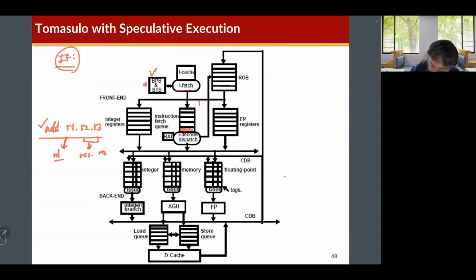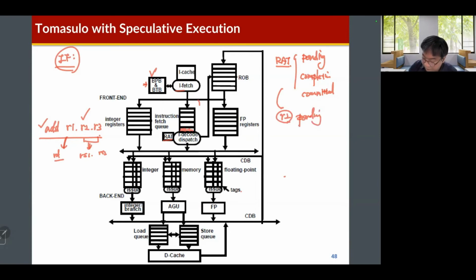For this instruction, it checks the RAT, register alias table, to check the status of the source registers. Okay, and as I explained, the RAT has three different conditions for each register: pending, completion, and committed. So for example, let's check R2.